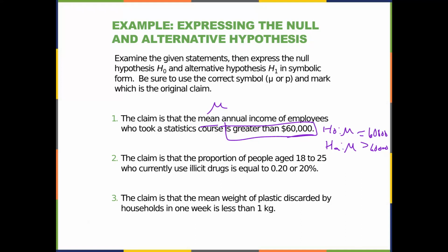For the claim that the proportion of people age 18 to 25 who currently use illicit drugs is equal to 20%, we would say, okay, well, our null hypothesis, this time we're talking about proportion, so we're using p, is equal to 0.2 for the decimal form of a percent. And our alternative hypothesis says is equal to.